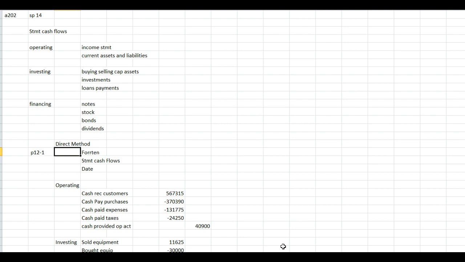The first section is the operating section. So all the operating activities refer to items that are in the income statement or are current assets or current liabilities. Okay? The investing section, investing activities includes buying and selling fixed assets, capital assets, cars, trucks, boats, things like that.